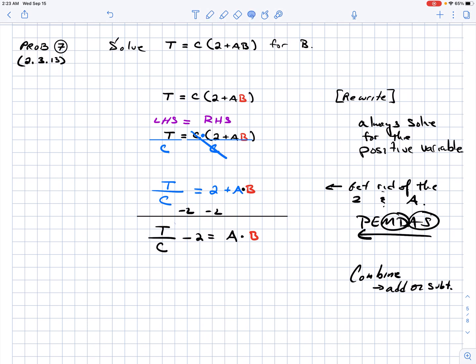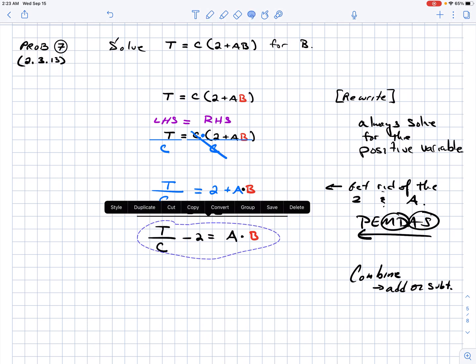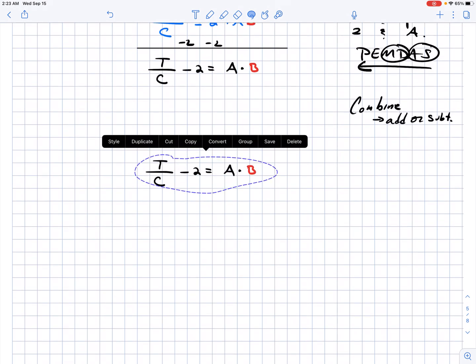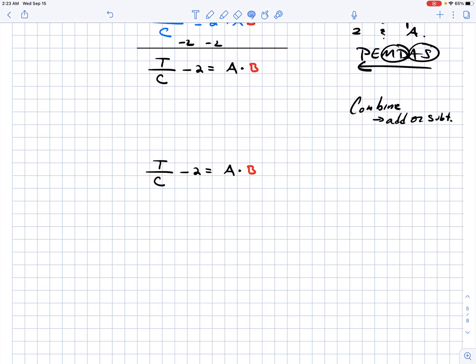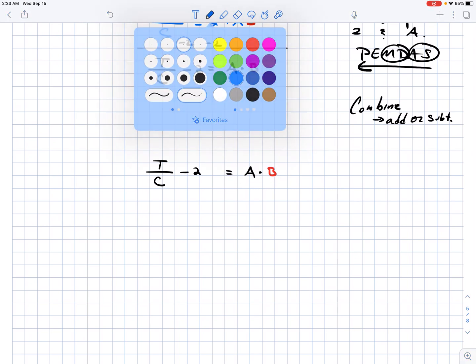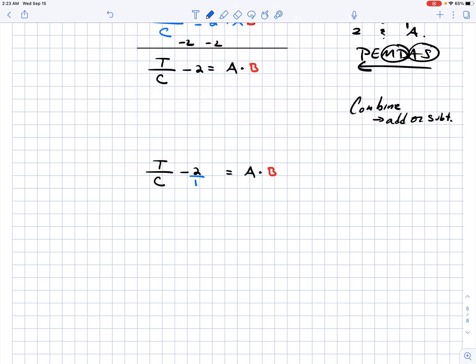So what I'm going to do is I'm just going to recopy this over here just a little bit to clean up my space, so hopefully somebody else could read this if they were going through the process. So I'm going to move this over just a little bit, and then I'm going to realize that the denominator here is just c. So I'm going to maybe put a 1 underneath. Now technically you don't really need to do that. You can take the cheap way and sort of say it this way.